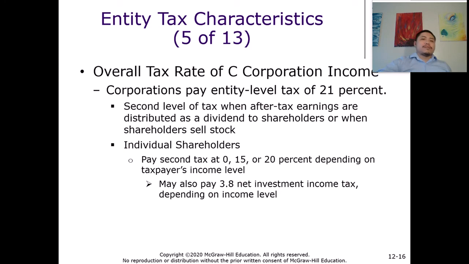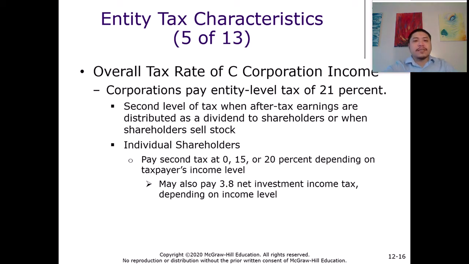All right. So what else, right? What we just talked about is the tax characteristic of flow-through entities. So what about C corporations? We know C corporations pay their own tax rate, which is a 21% flat rate.